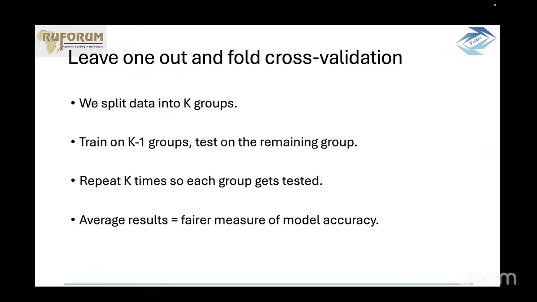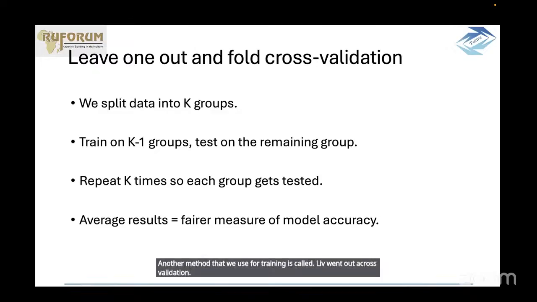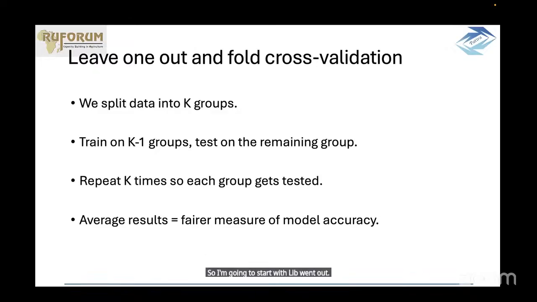Another method that we use for training is called leave one out or cross-validation. So I'm going to start with leave one out. Then in the next few slides, I'll show you what you do. So in the previous slide, I told you that you train your algorithm on all those 12 items, and then you test them.